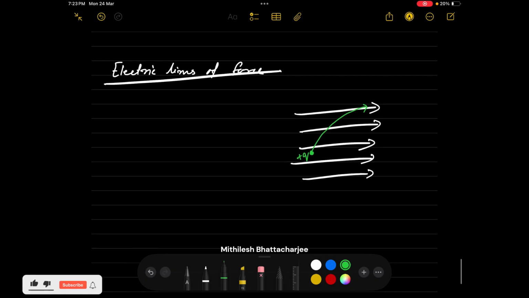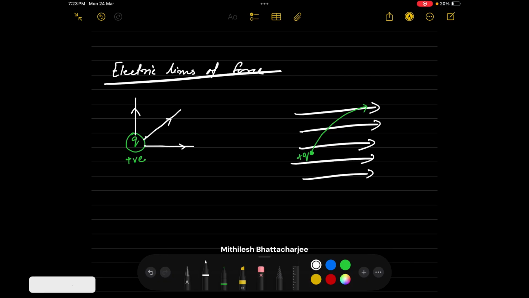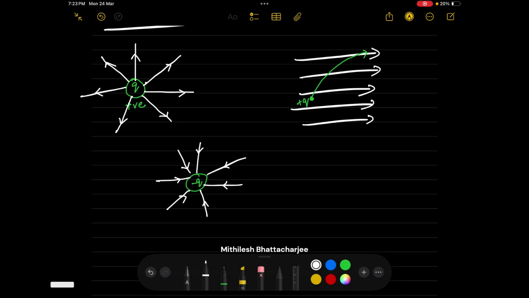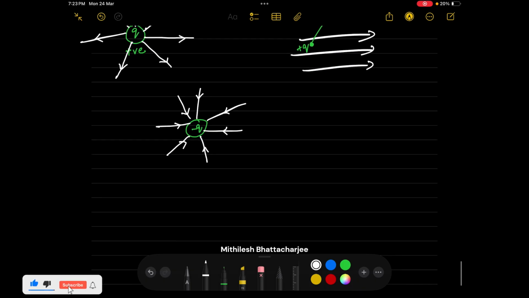This is known as the electric field line. Okay. So if Q is positive, then the electric field line will be displayed like this. And if Q is negative, then the electric field line is like this. These all are imaginary lines, and we find the presence of charge by this imaginary line.